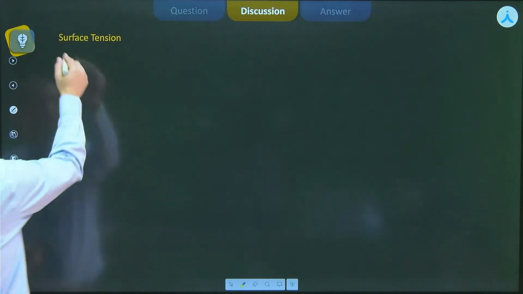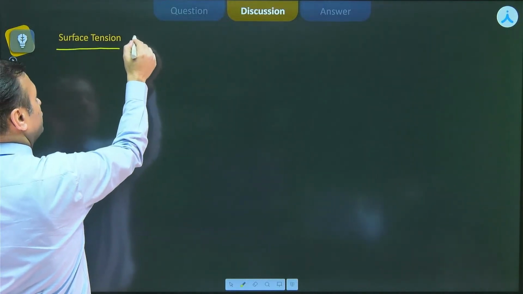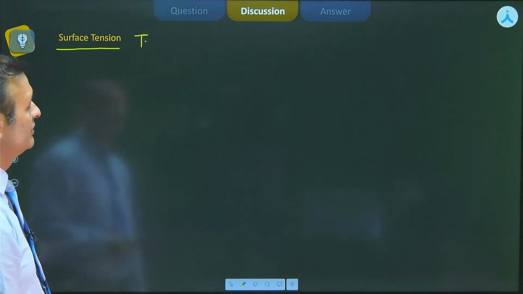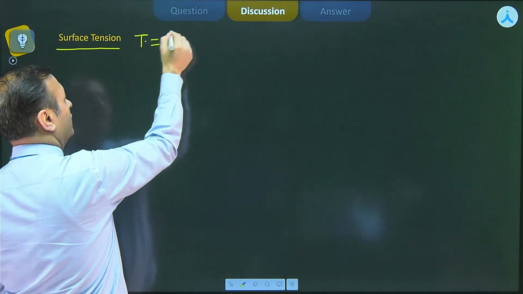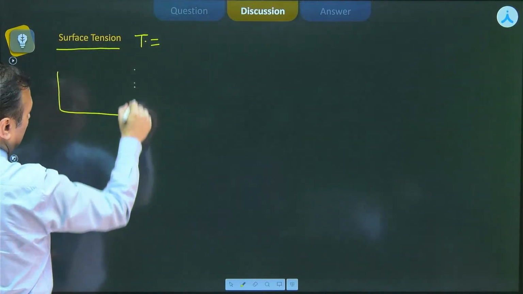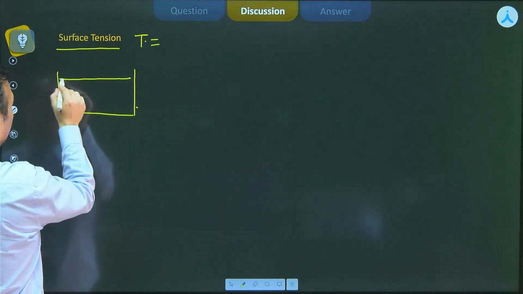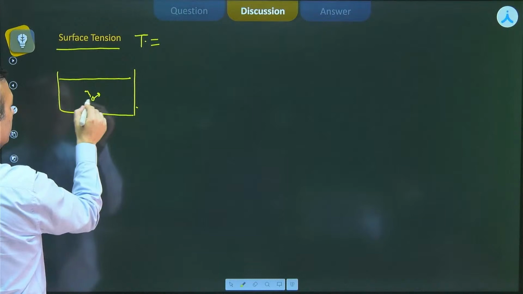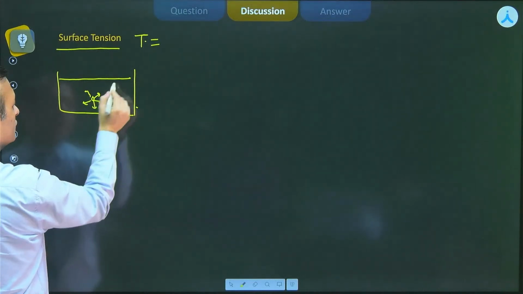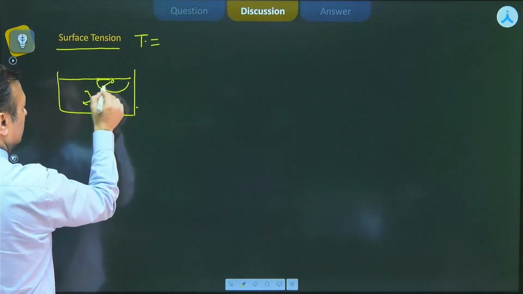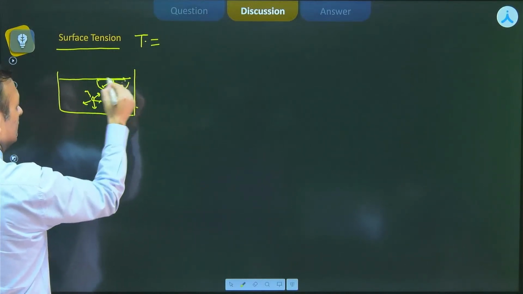Then surface tension. Surface tension may be written as T or sometimes S. This is basically a property of liquids, and it is exhibited by the free surface. Molecules which are deep inside the liquid experience no net resultant force, but the molecules at the surface experience some resultant force, and that is along the tangent.